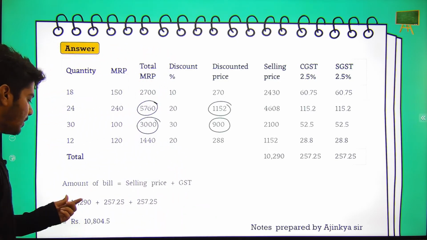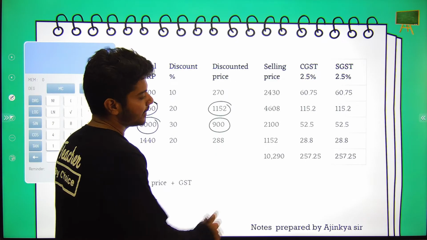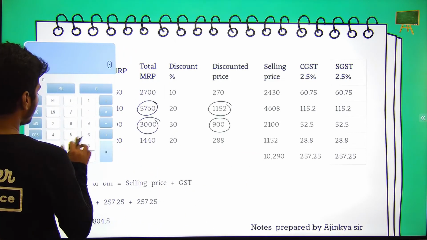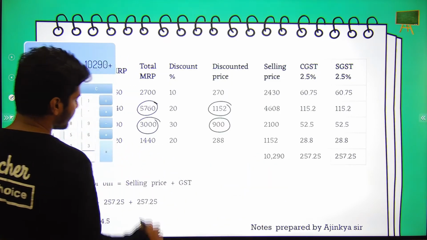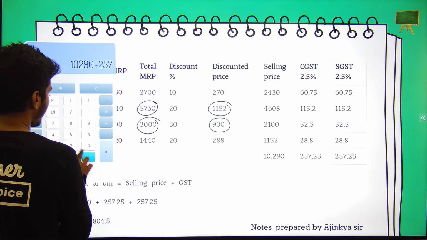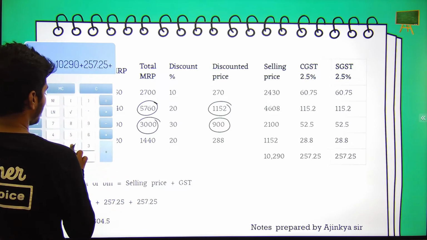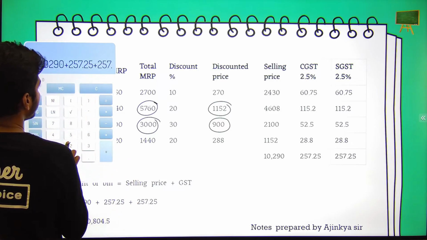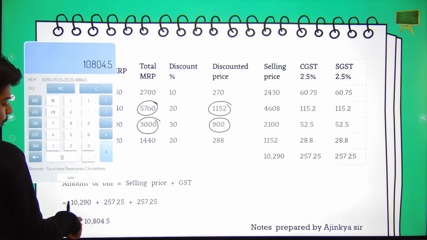For verification purposes, let's check whether it is correct or not. 10,290 plus 257.25 plus 257.25 gives 10,804.5.